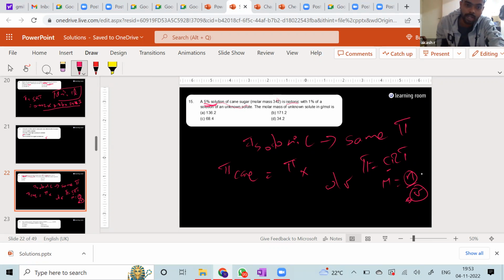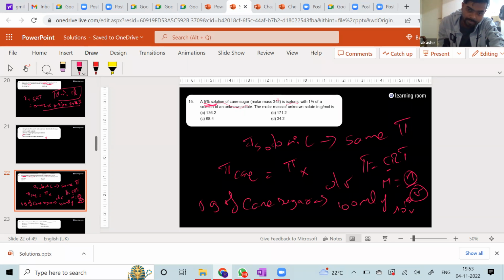Okay. Fine. Now, what do you mean by 5% solution? 5 grams of cane sugar is present in 100 ml of the solution. That is what you understand. What is W by V percentage? What is the definition of that? It is the weight of the solute present in 100 ml of the solution.